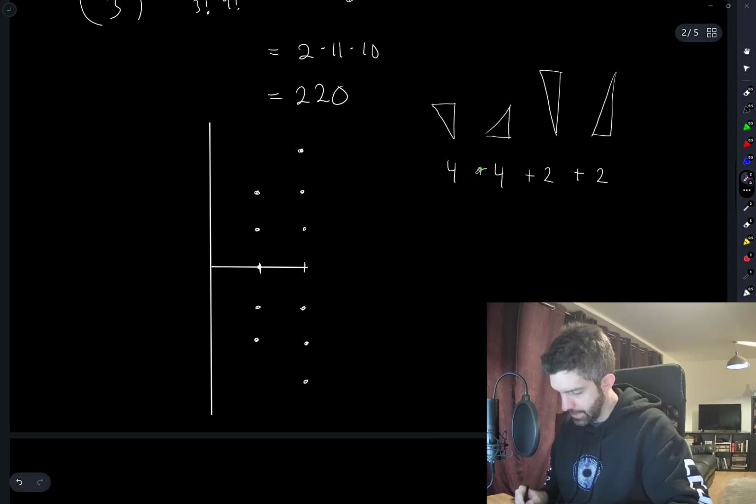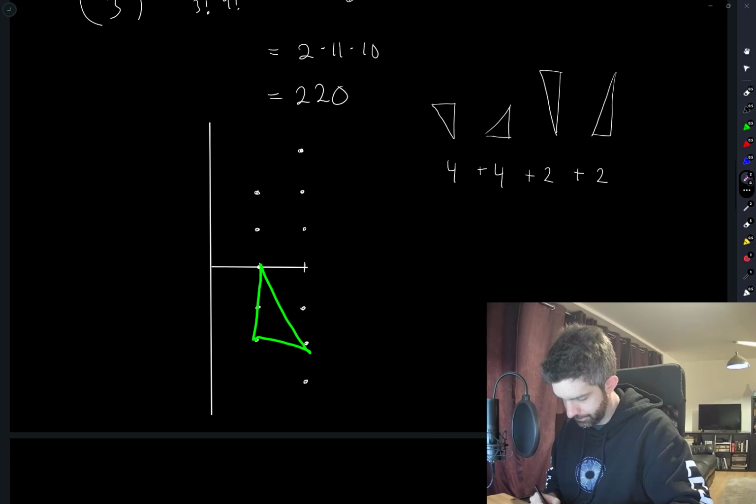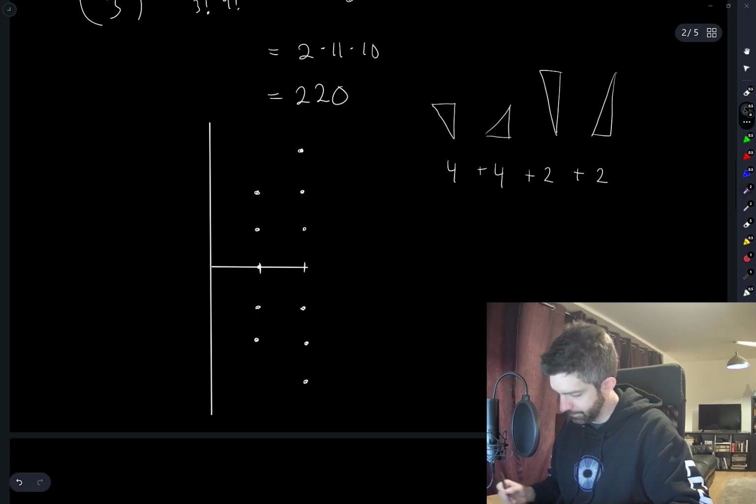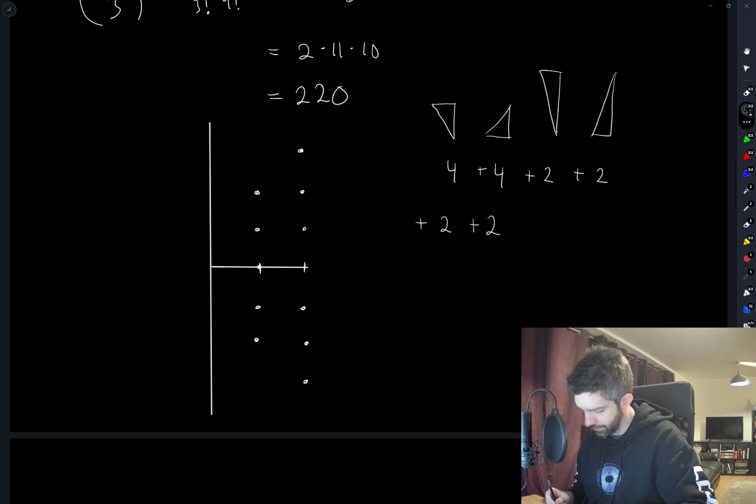Now I need, this is where the vertical side is always here. Now I need to consider when the vertical side is over here. So I've got this, and I can shift this up twice. And I can flip it upside down. It gives me another 2. So what have I got there?